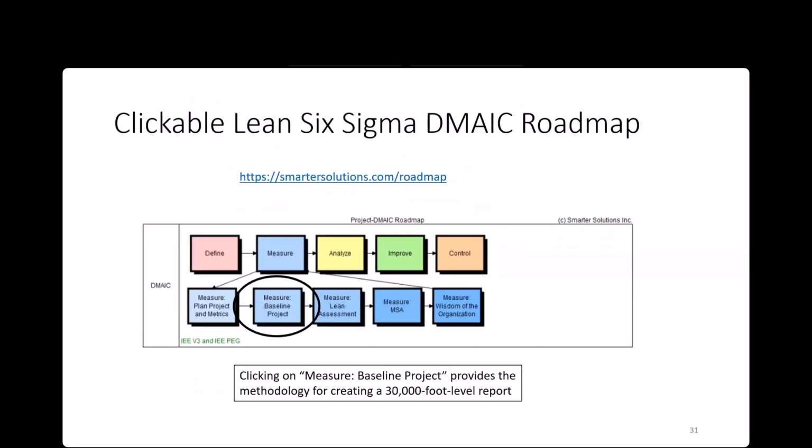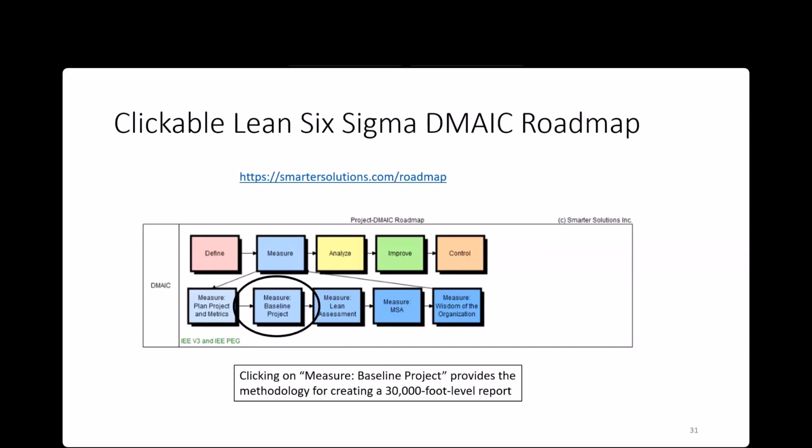Now, we do also have a clickable Lean Six Sigma DMAIC roadmap that's available through the link shown there, a website roadmap. If you look at the drill down of measure, you'll notice I have a lot more sub-steps to the measure phase than what's traditionally presented in a Lean Six Sigma DMAIC roadmap: define, measure, analyze, improve, control.